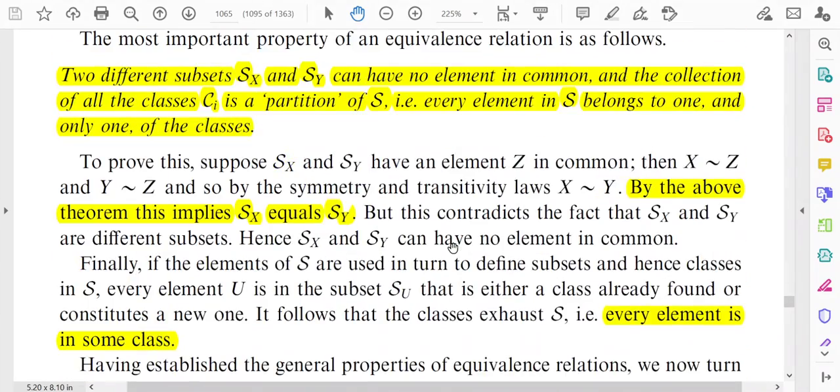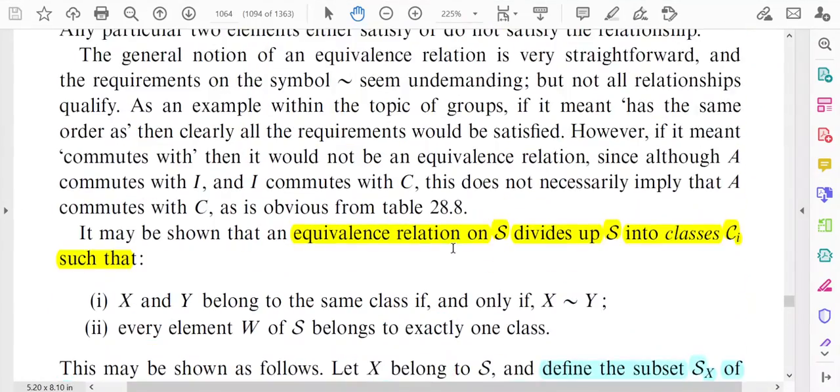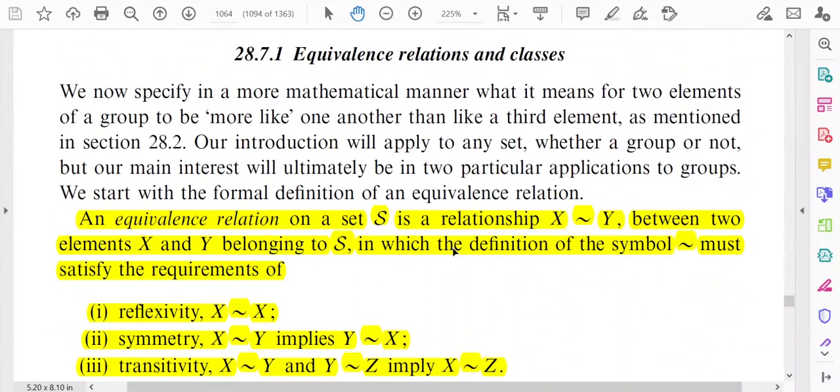Now, I request the viewers to go through the lectures on equivalence relations and classes, which were delivered just before this lecture. So, I am just highlighting the major points of that lecture again.